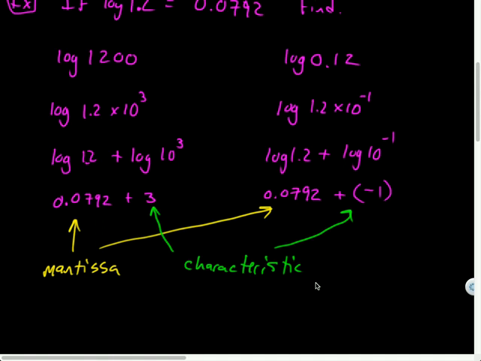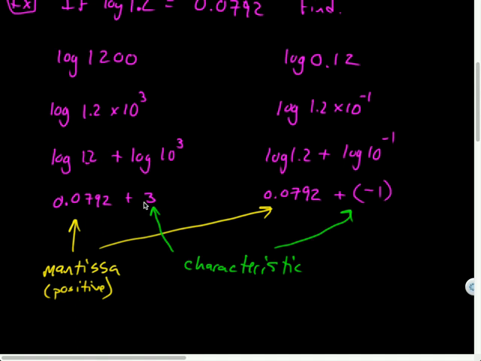And it turns out the mantissa, we usually want to be positive at all times. We'll see an example in the next situation where it won't be at first, and we'll have to manipulate some stuff in order to make it all work out.